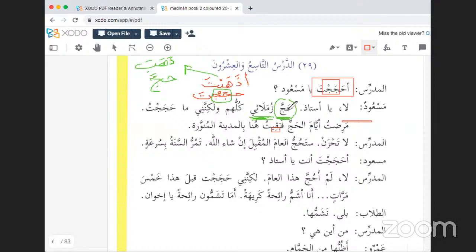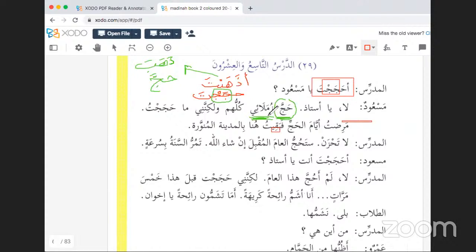If, for example, he said dhahaba zumala'i wa had, now he wouldn't say hajja in this case after mentioning the zumala. Now he has to use the plural. He would say dhahaba zumala'i ila makkata wa hajju.